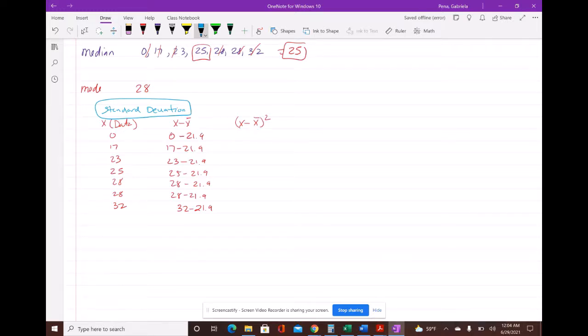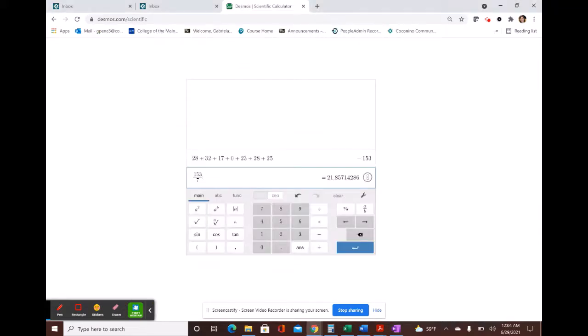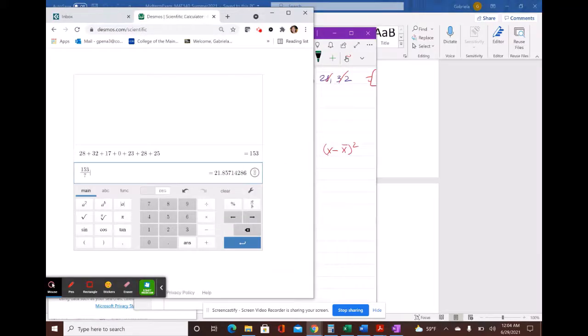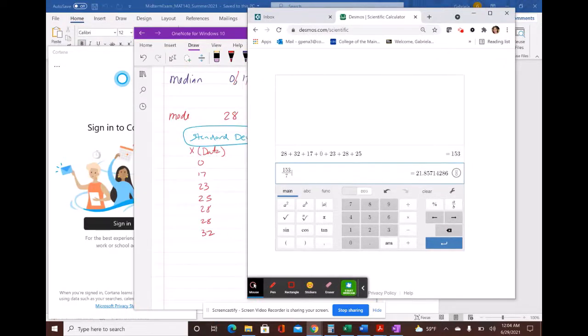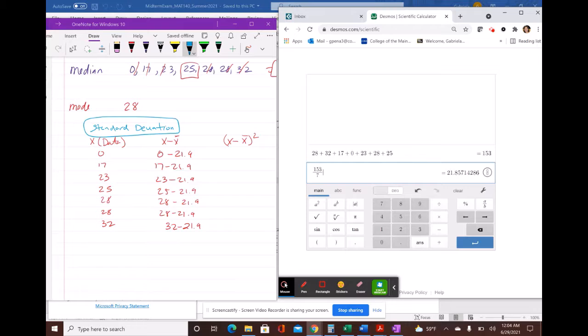Then we need to, let me see if I could make this work. Okay, there it is. If I do 0 minus 21.9, I get negative 21.9, but I need to square it.